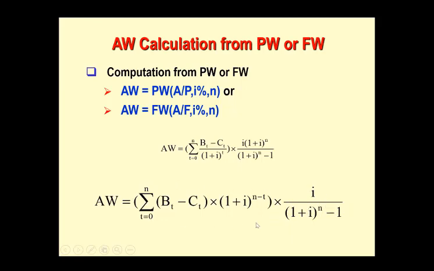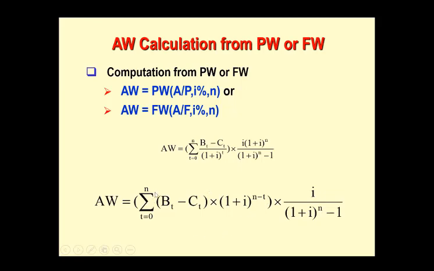Here, the formula in the brackets is the net future value, because it is the sum of Bt minus Ct times (1 plus i) to the power n minus t, with t going from 0 to n.